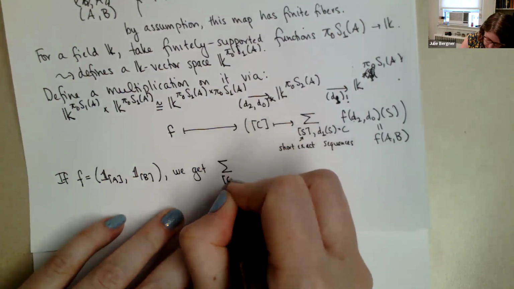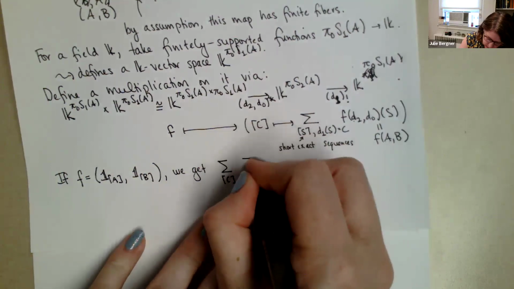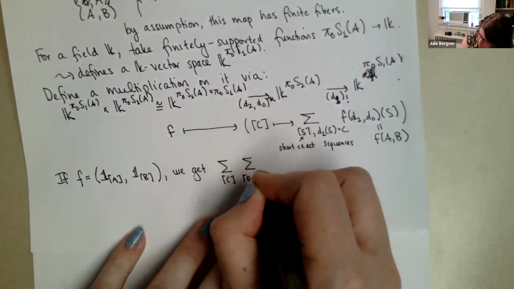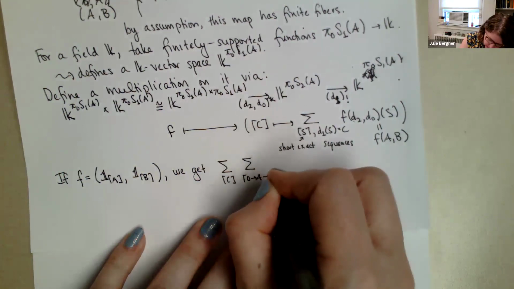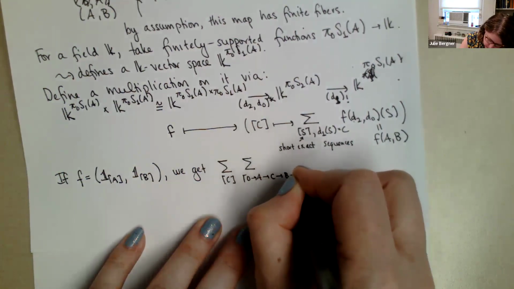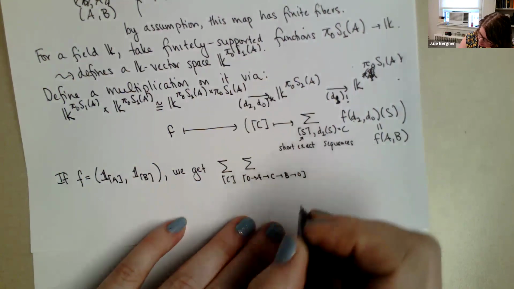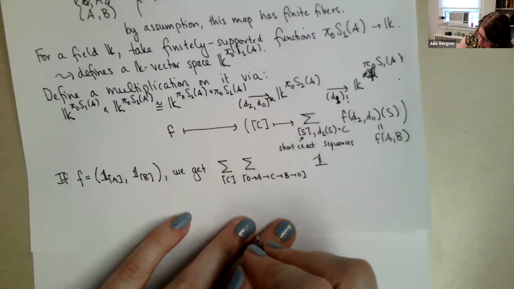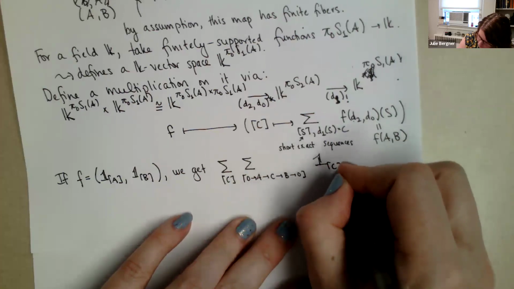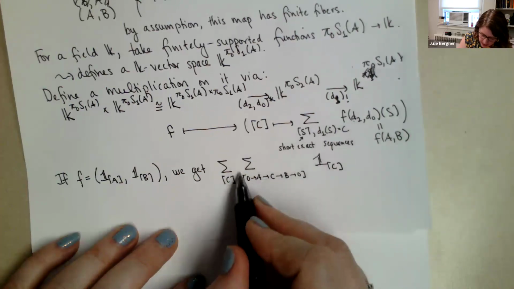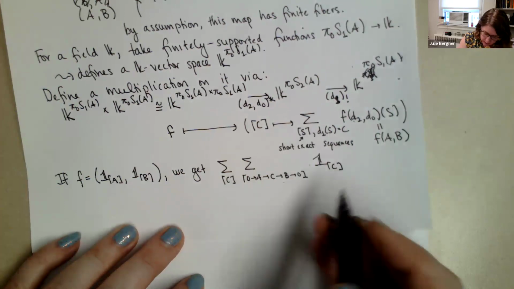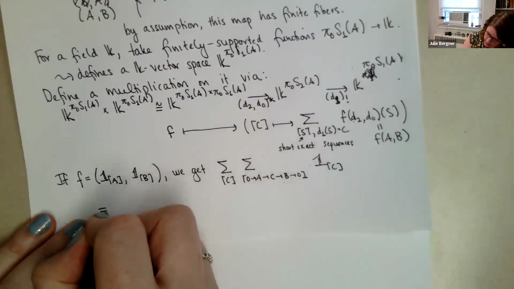So I get a sum over all choices of C, and then a sum over all short exact sequences of the characteristic function of C. Well, if I count how many of these there are, that's going to recover the coefficient that we had before.